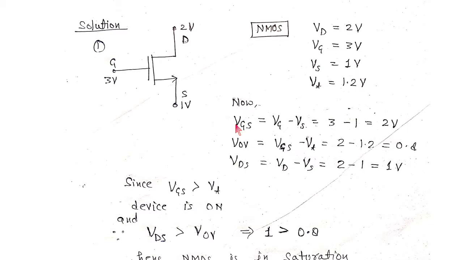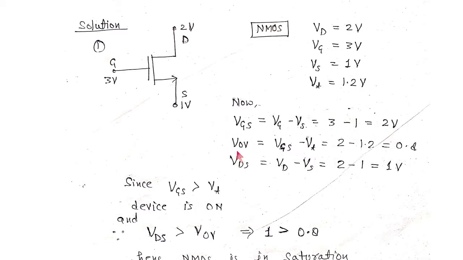Now we have to evaluate some parameters so that we can find out in which region this NMOS device is operating. So VGS is equal to what? Vg minus Vs. Vg is equal to 3 volt, Vs is equal to 1 volt, so 3 minus 1 is 2 volt.